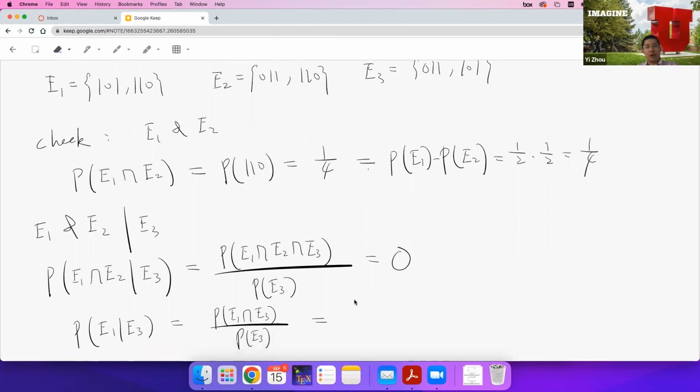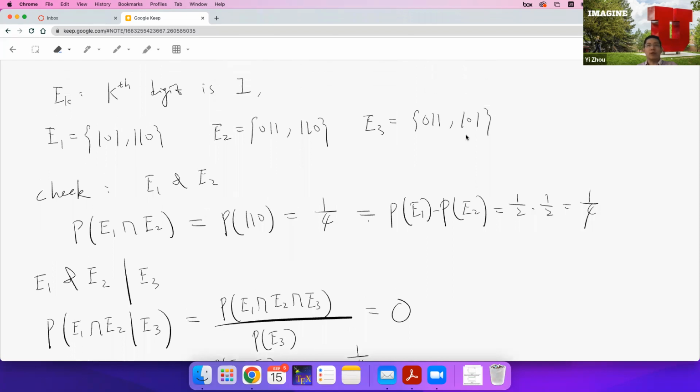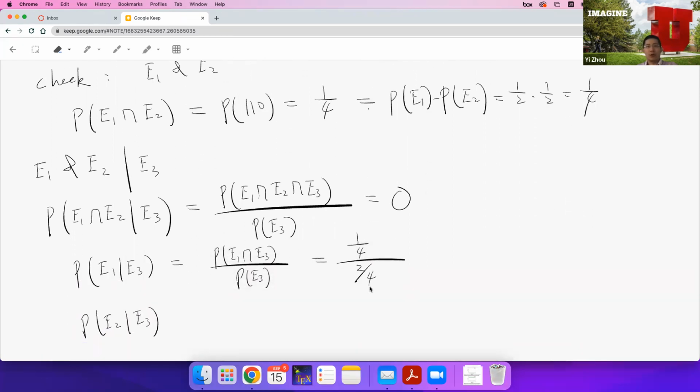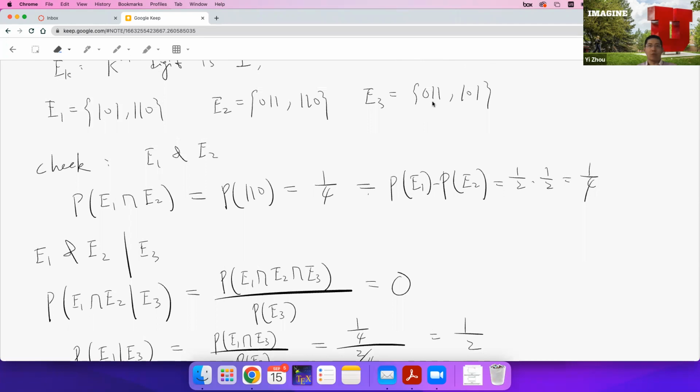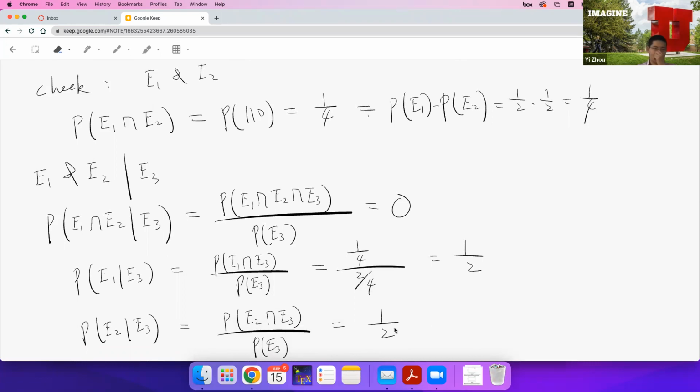So it's just one outcome there, which gives 1/4, and P(E3) is 2/4. That gives 1/2, which is not 0. For these two, you can do the same thing: E2 and E3 also have one element in common, so it's the same thing. But 0 is apparently not equal to the product of 1/2 times 1/2.